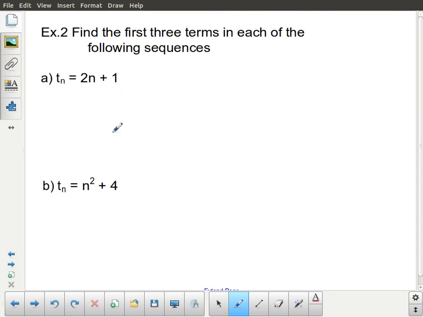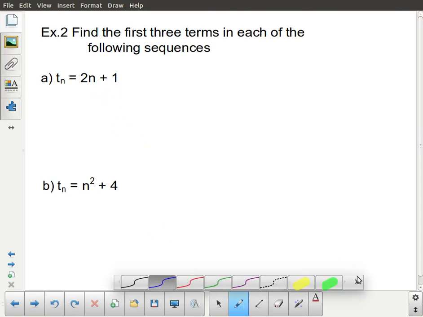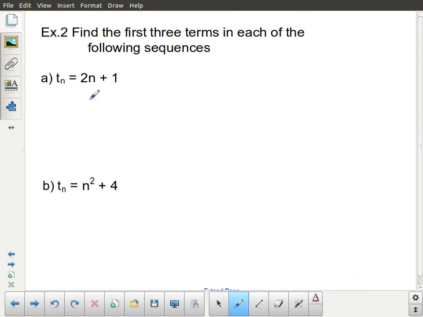Now to give you a better feel for it, let's take a look at some examples that are already formed. Here I'm asking for the first 3 terms in each of these sequences. The long way of doing this is to do a substitution. We set n equal 1, which means t1 is equal to 2 times 1 plus 1. 2 times 1 is 2, plus 1 is 3.